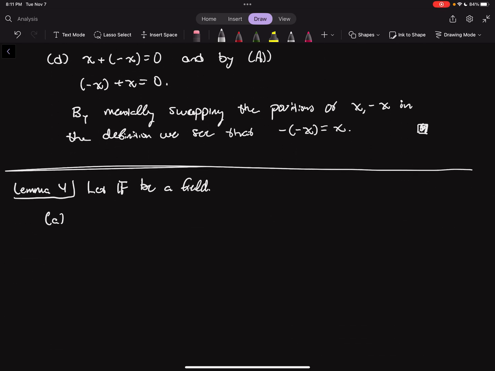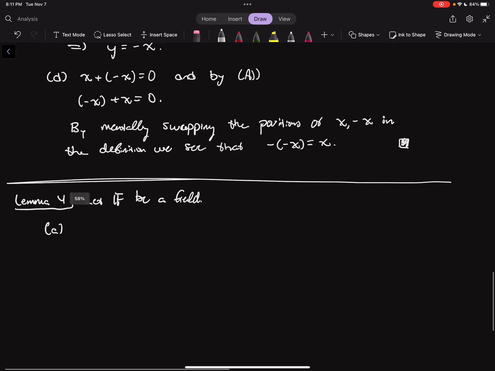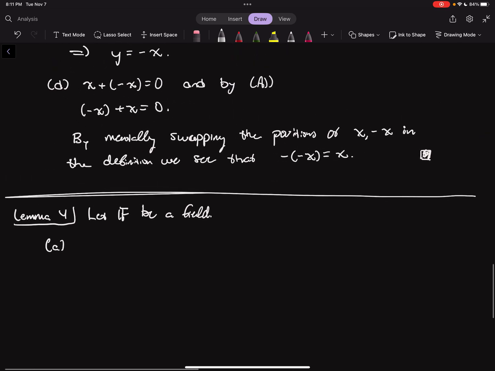So if x is non-zero, and xy equals xz, then y equals z. And we can think of this as like dividing through by x, or multiplying through by 1 over x, intuitively.